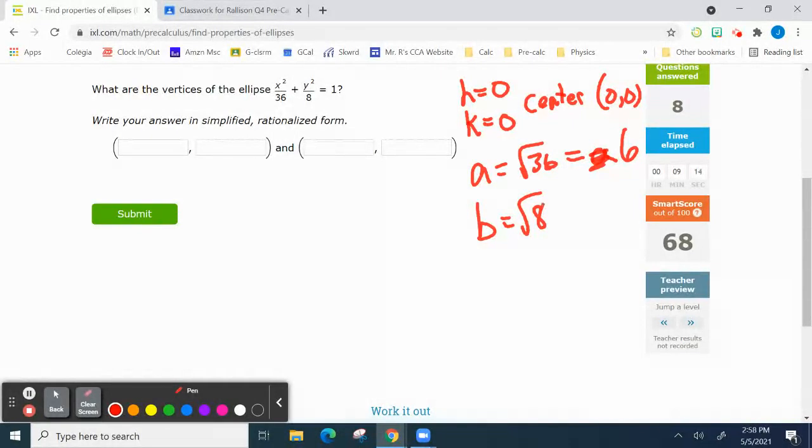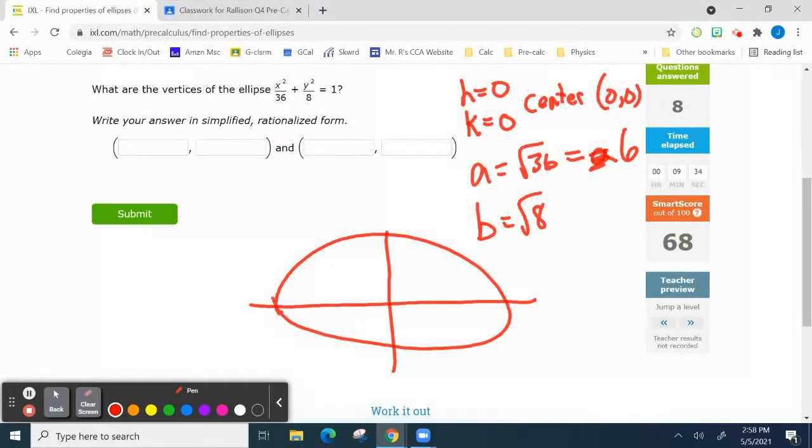And we do not need the b. The reason we don't need the b is because that's on the semi-minor axis, and the vertices are on the major axis, and that's where the co-vertices are, right? So the x is the major axis, so we can just draw some basic ellipse with the center at 0, 0 right there. And then we know our a. Remember that a is the distance from the center to each vertex.